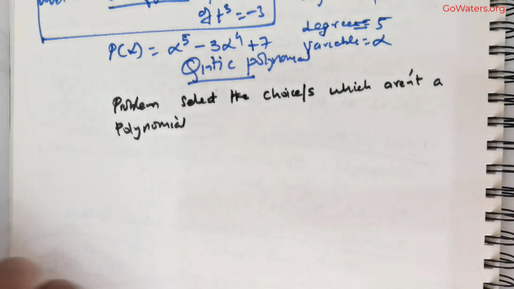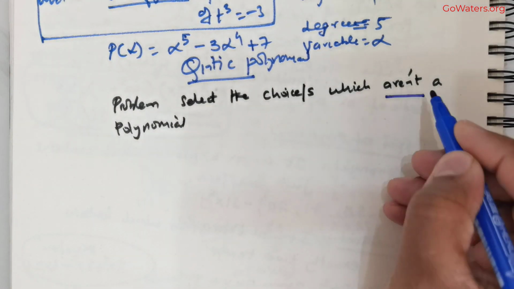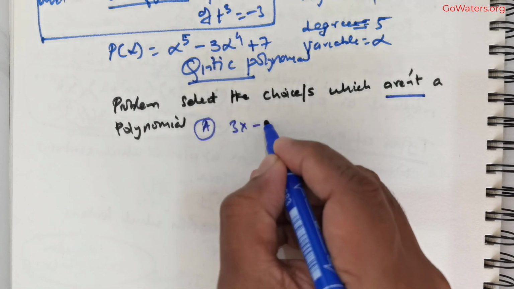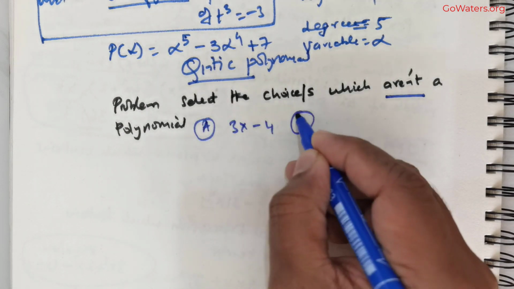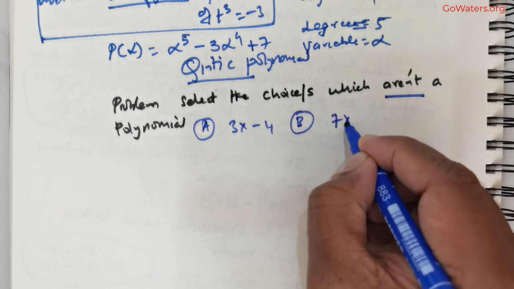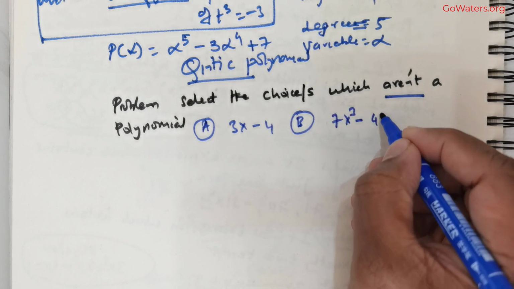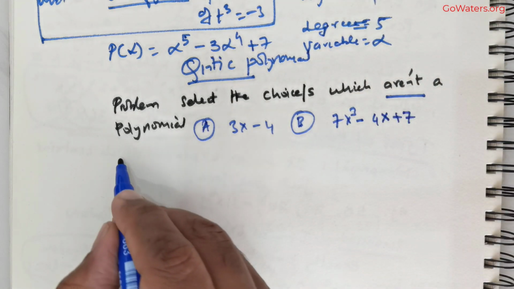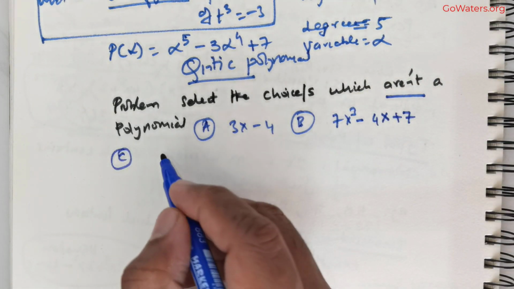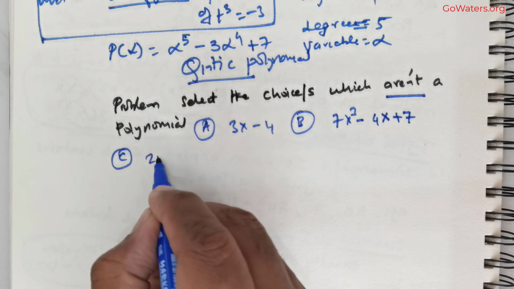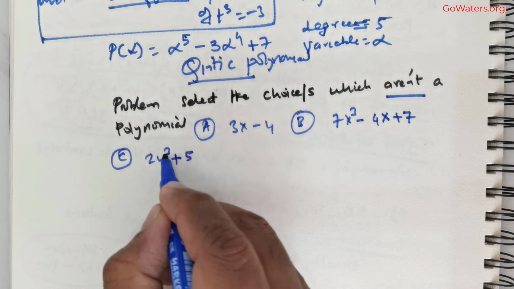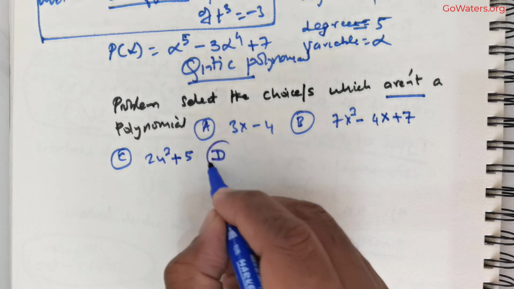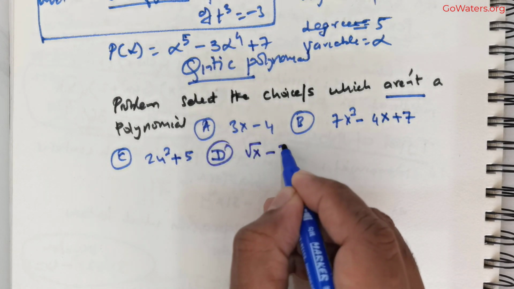Now the key phrase is which aren't a polynomial, right? So I'm giving you the choices. Choice A, 3x negative 4. Choice B, 7x to the power of 4 negative 4x positive 7. Choice C is 2u cubed positive 5. Choice D, root of x negative 7.